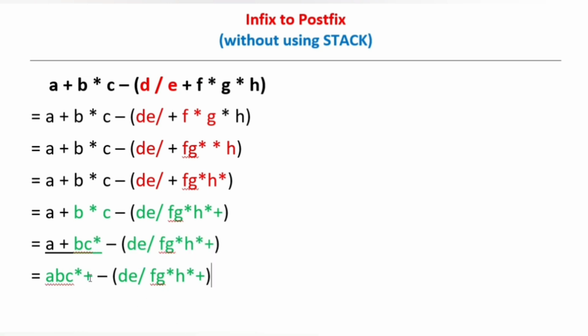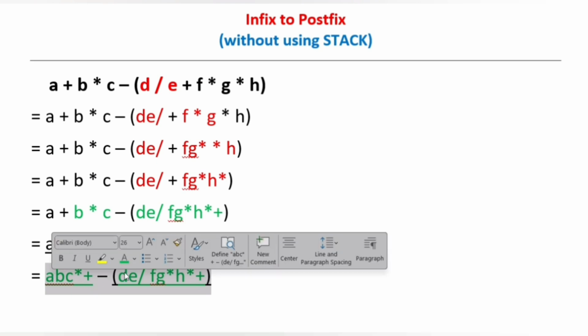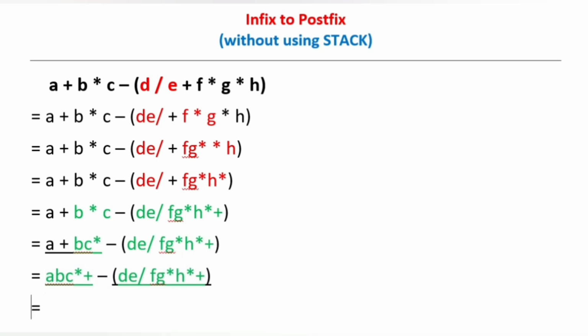So of course now we have two operands. This is one operand, I am underlining it, and this full bracket part is another operand. So we have only two operands and one operator. So this operator will be placed followed by the operands.